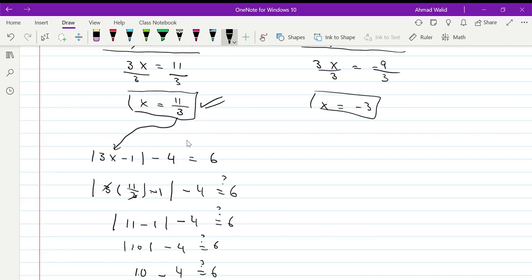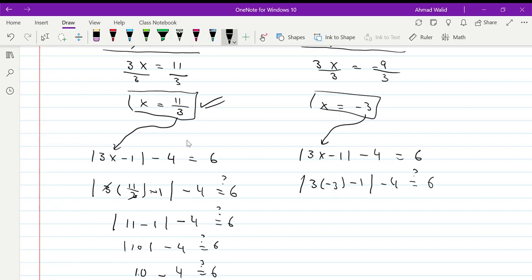Check the other answer. Absolute value of 3x minus 1, minus 4 equals 6. Plug in -3 here. Absolute value of 3 times -3 minus 1, minus 4. Is this equal to 6?